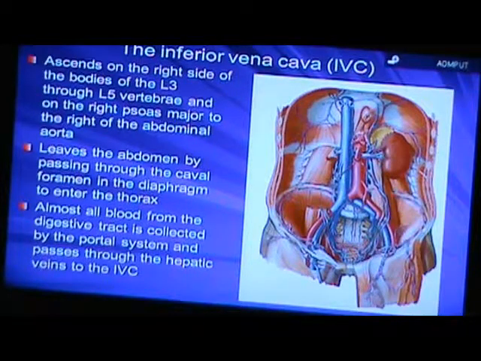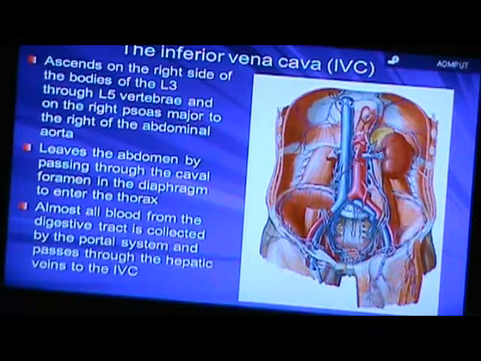So in general, we have two ways of collecting blood from the abdominal cavity. One is through the inferior vena cava. The second one is the portal venous system. But from the portal venous system, the blood leaves the liver and drains through the hepatic veins to the inferior vena cava, because the inferior vena cava needs to collect all of the blood to the right atrium.